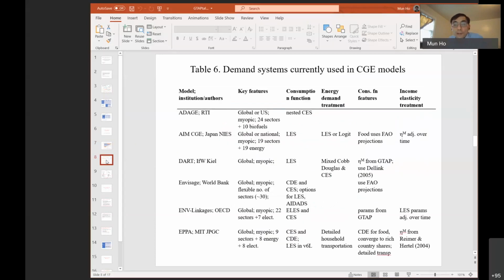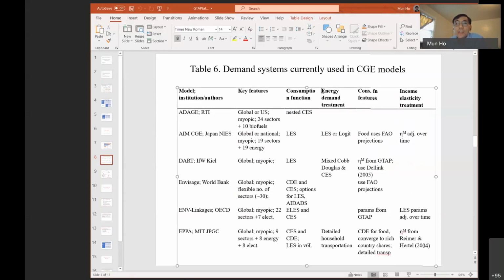There is a very long table that describes the main features of each model, how they deal with the consumption parameter adjustments, and also how they model the energy part of the model. Thanks to everyone who responded.